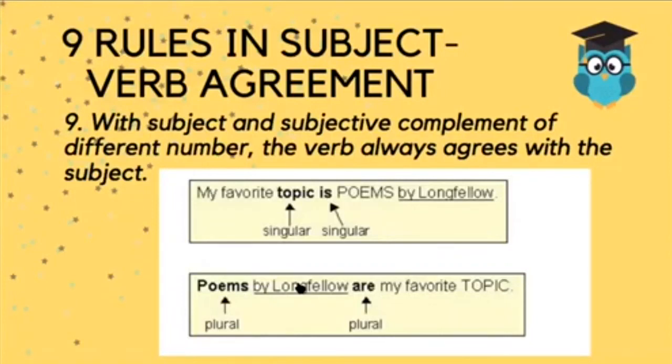So here the subject is poems. The subjective complement is in a different position. So always find the subject again and again. So yeah, that's about the 9 rules in subject-verb agreement.